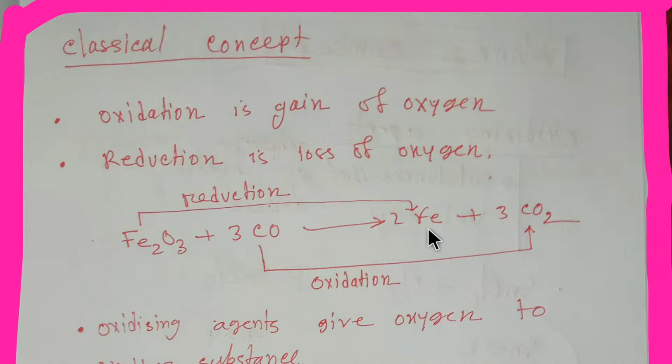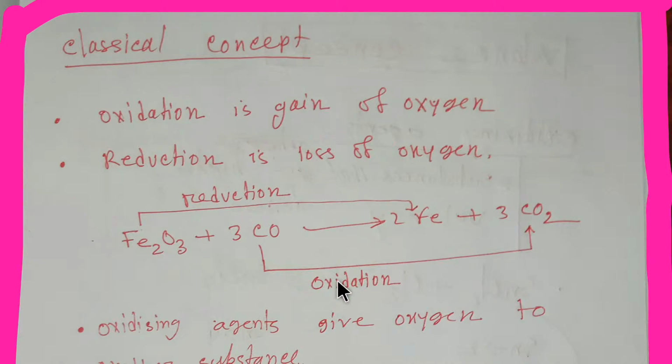So here is loss of oxygen. Here is oxygen, but here there is no oxygen. That is, this is a reduction reaction, right? On the other hand, this is carbon monoxide, and here carbon dioxide. Gain of oxygen. So this is an oxidation reaction.